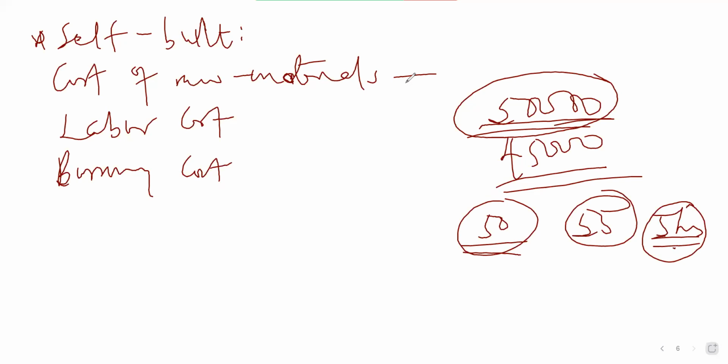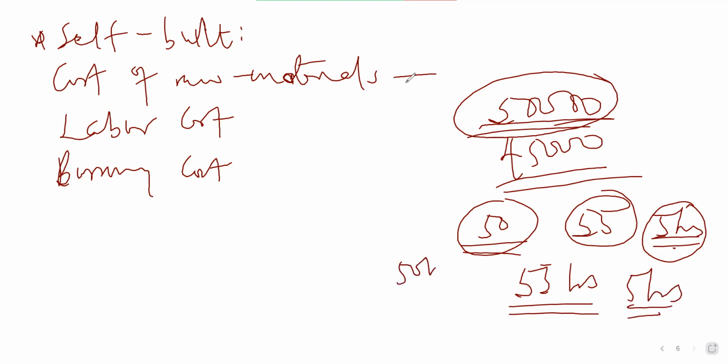If the question says the workers were paid for 55 hours, and there was an idle time of 5 hours, it means they used only 50 hours on the project. So it's only the cost of the 50 hours that will be added to the cost of the assets.